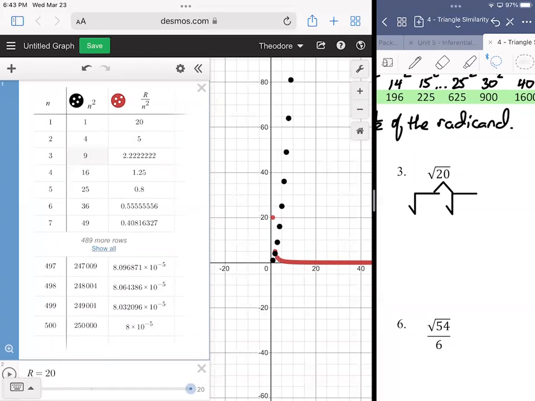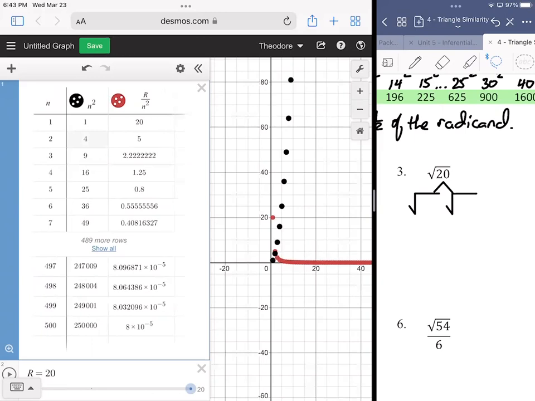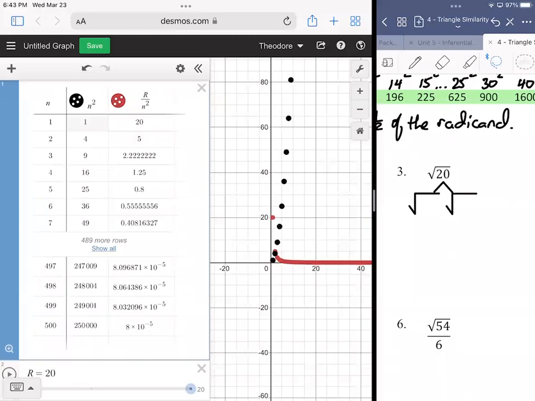It's not in my list of perfect squares, the n squared column, but the closest value to that is 9. We go up the list here, starting with the 9. Going up the list, 9 didn't work because the other factor is a decimal, but 4 works because the other factor is a whole number. And the only other case that works is the trivial case, the perfect square of 1.